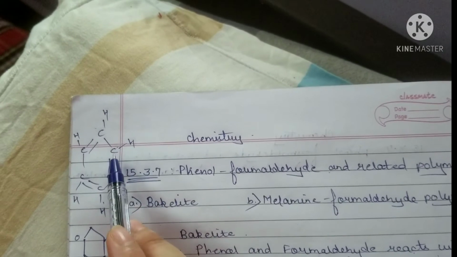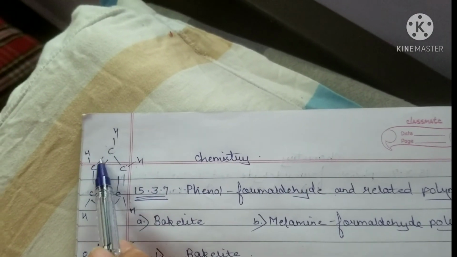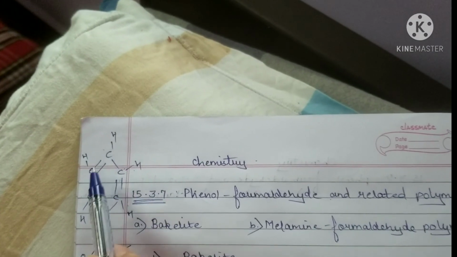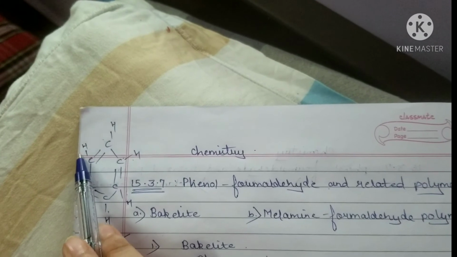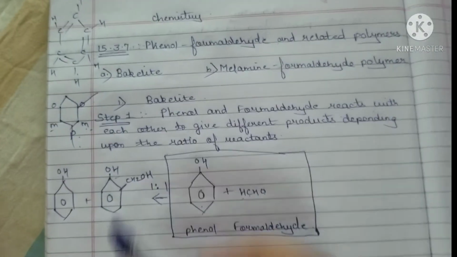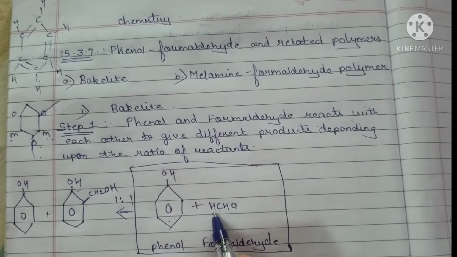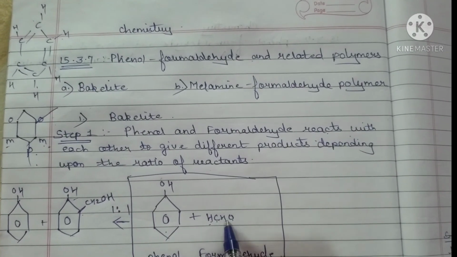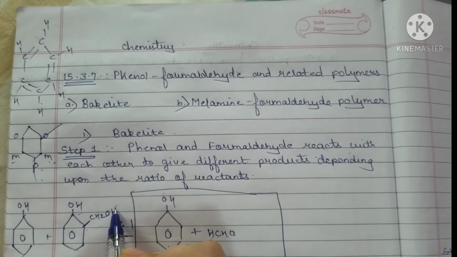So check here, look at this carbon atom, 1 2 3 4, look at this carbon atom, 1 2 3 4. In a similar way the valency of carbon is fulfilled along with this H. So there is an H here, so when you are substituting this formaldehyde group, CH2O, the H which is already present will go along with it.